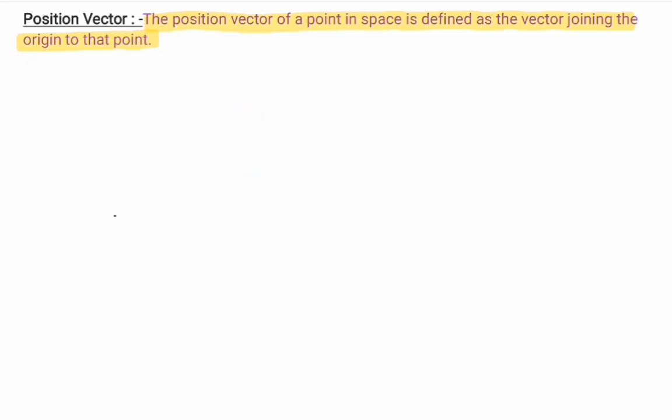Suppose this is the x-axis, this is the y-axis, and this is the z-axis, and here I have one point whose coordinates are given as, suppose, 1, 3, 4. X-axis 1, y-axis 3, z-axis 4, and it is asked to find the position vector of that point.